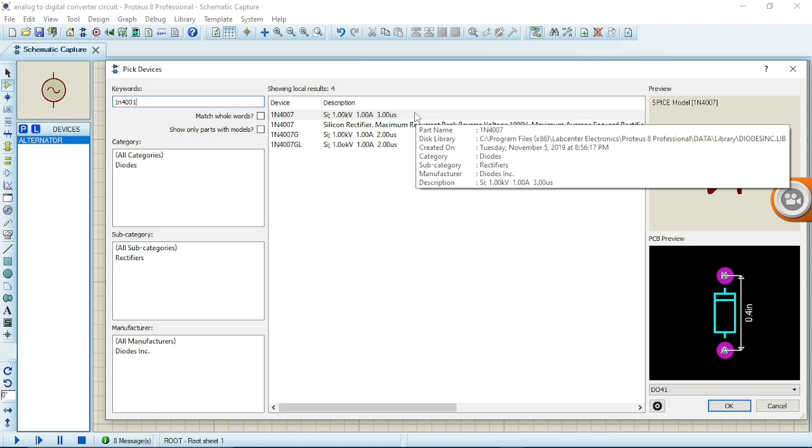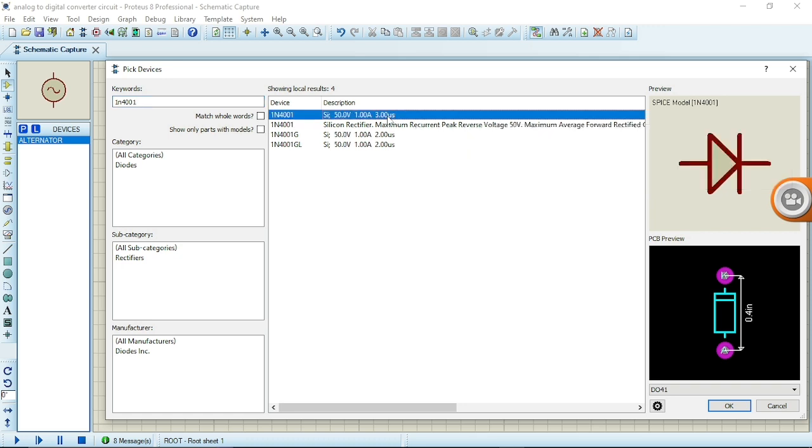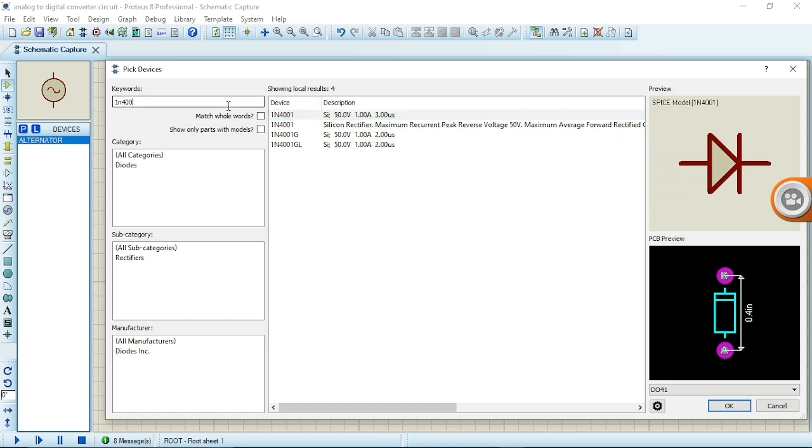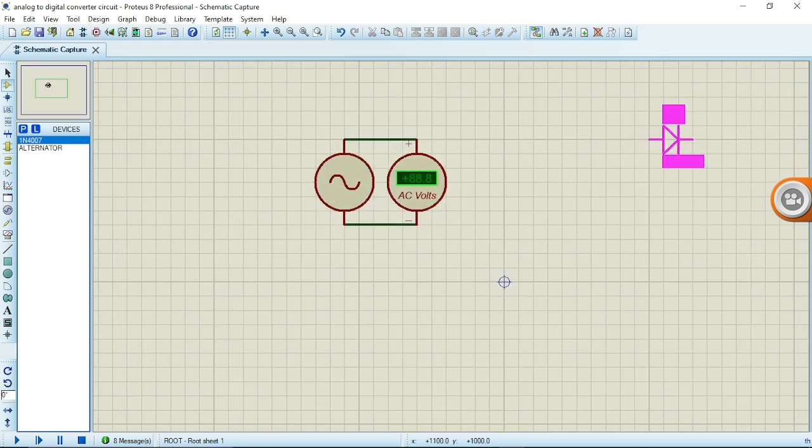If I'm using 1N4001, you can see we have 50 volts, which means if you use this for your rectification, you definitely burn it out because this is not capable of handling more than 50 volts, and we need more than 50 volts. That's why I go for 1N4007, which is 1 kV, which means 1000 volts. So this one will be okay. So I'll press OK, then connect 4 of them to make my bridge rectifier.